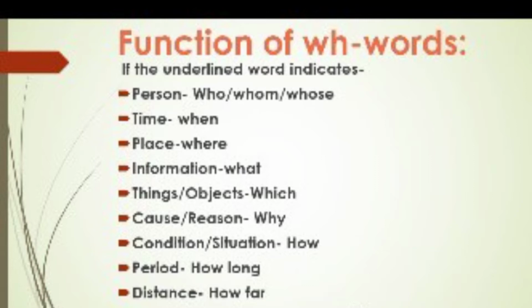If the underlined word indicates place, we have to use where. If we get any information from the underlined word, we have to use what. Or if the underlined word indicates any things or objects, we have to use which.